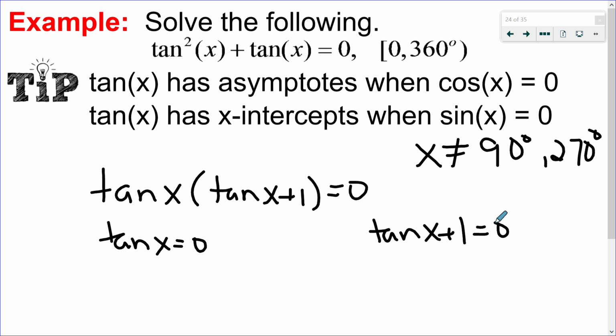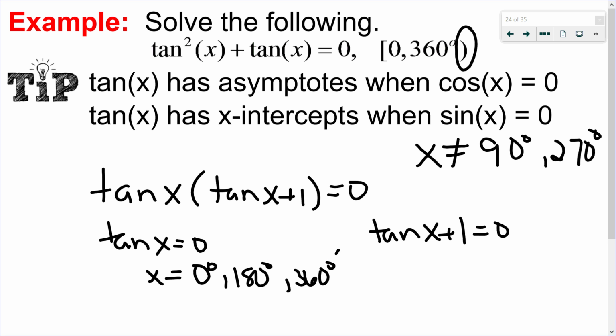Tan equals 0 when sine equals 0, which happens at 0, 180, and 360 degrees. But this round bracket tells me it doesn't include 360, so I just have solutions of 0 and 180.